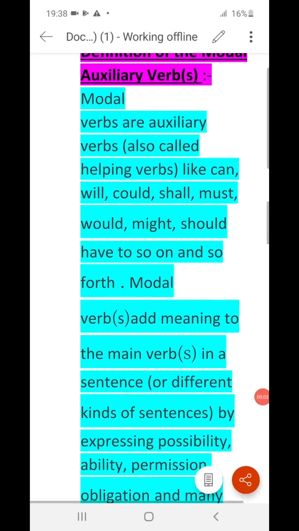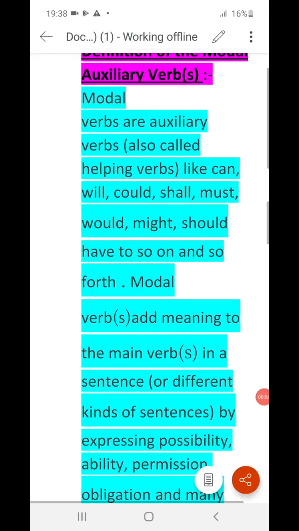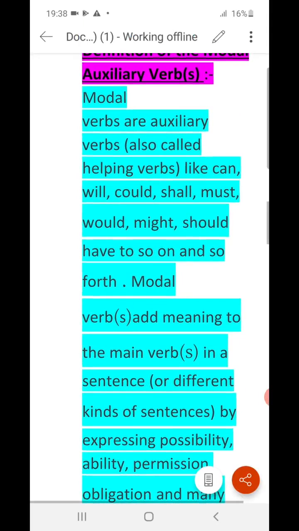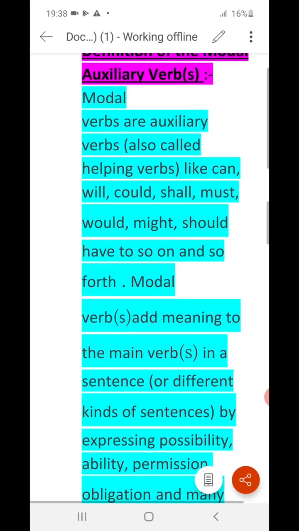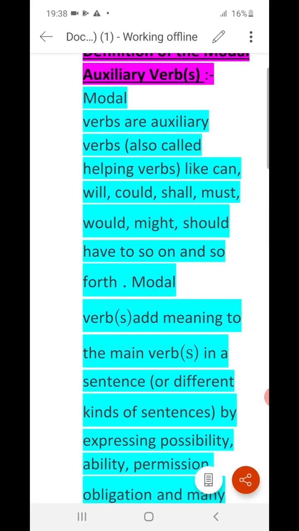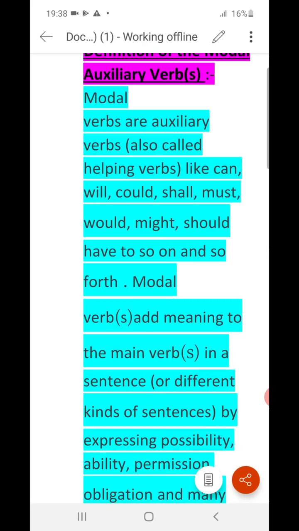So, students, modal verbs are basically helping verbs, and many examples are given over here, like can, will, could, so on and so forth. Now, modal verbs add meaning to different kinds of main verbs in a sentence or different kinds of sentences.